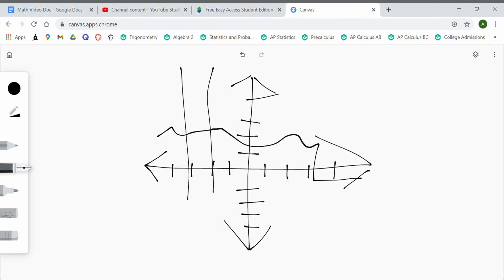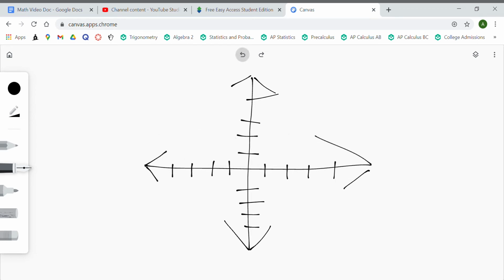Pass, pass, pass, pass, pass, pass, fail. Look at that. I tried to draw a perfect vertical line here. So notice that we got a vertical line here. This is not a function, because it does not pass the vertical line test.